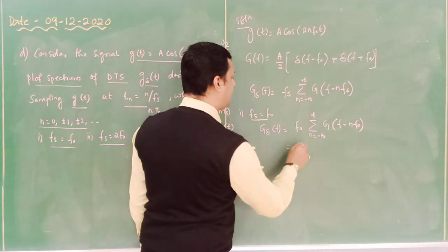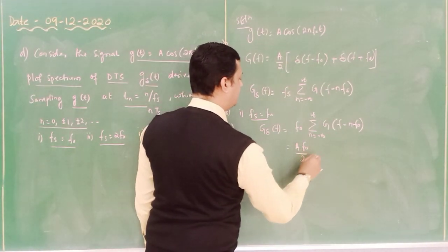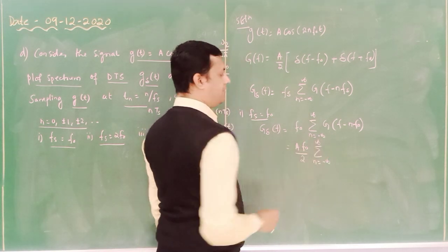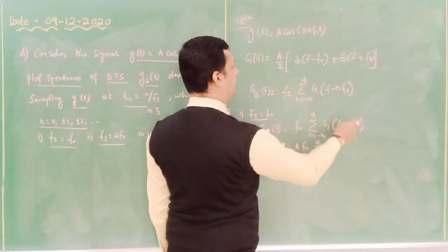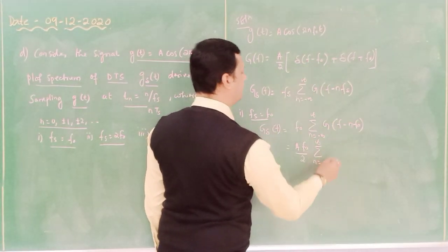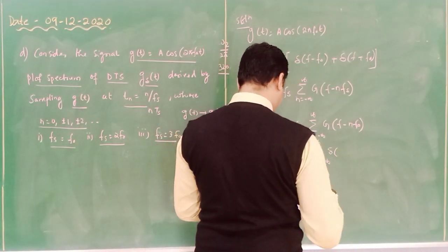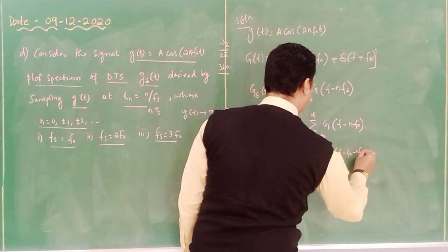If I substitute, I will get A f₀/2 times the summation over n from minus infinity to infinity. First, this is f − n f₀, so here I need to substitute this value. What I will get is δ(f − f₀ − n f₀).